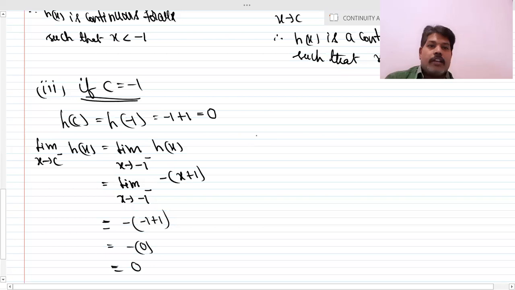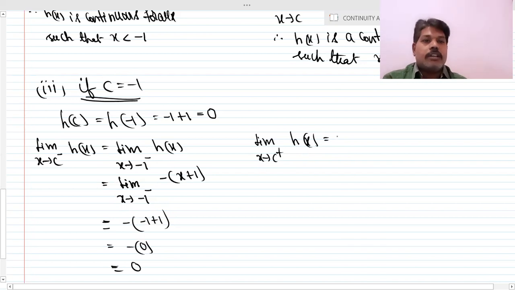Now I will calculate the right hand limit also. Limit as x extends to c plus of h of x is equal to limit as x extends to minus 1 plus of h of x. What is h of x here, students? It is x plus 1.